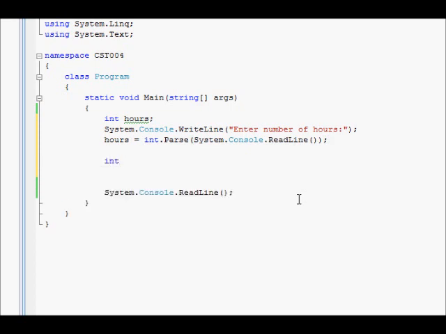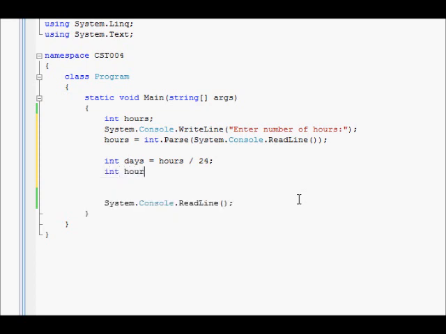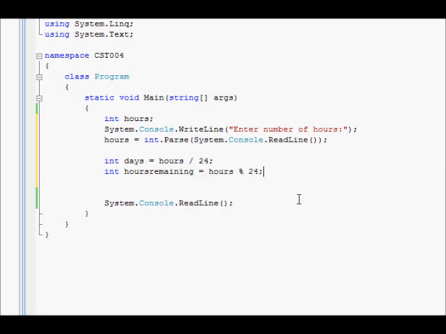Now we want to figure out how many days that is. So int days equals hours divided by 24, because as you already know, each day consists of 24 hours, and int hoursRemaining equals hours modulus 24.